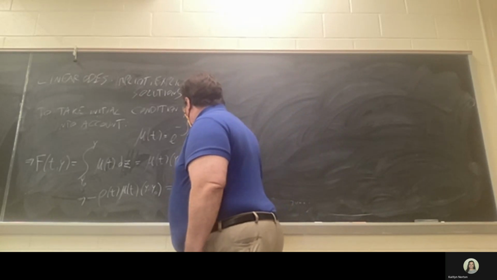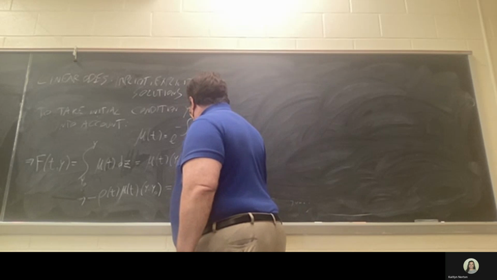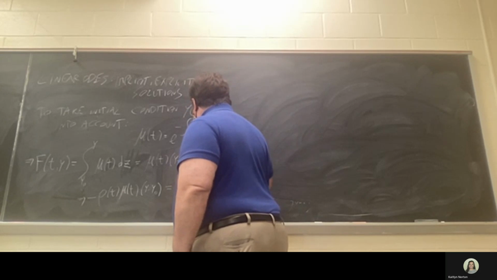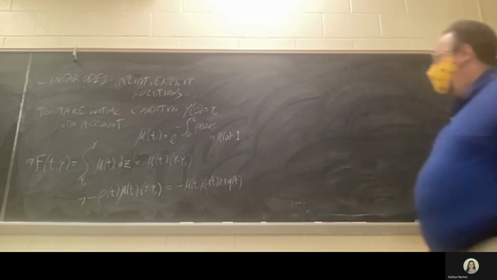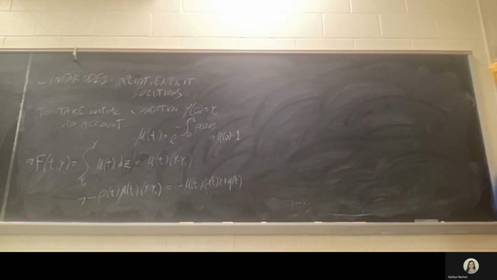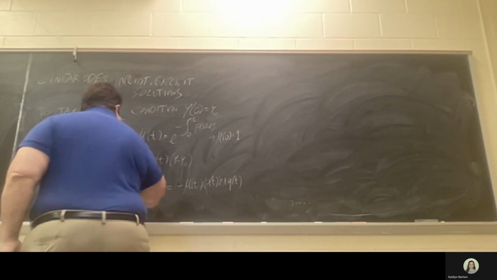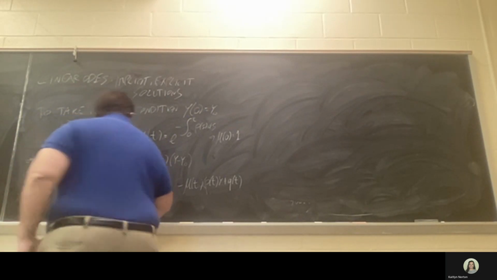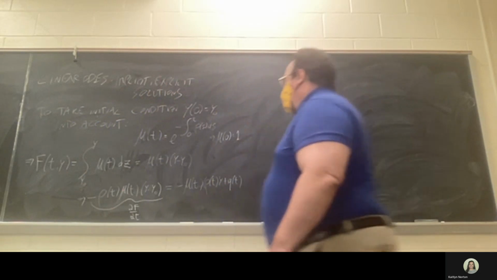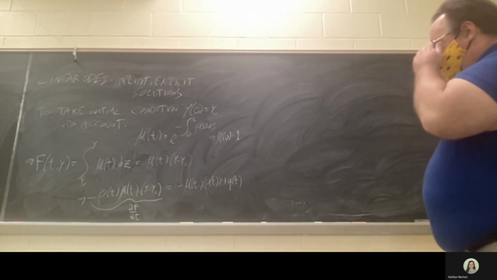So we differentiated with respect to t. So this is the partial of f with respect to t, which must be equal to minus mu f.